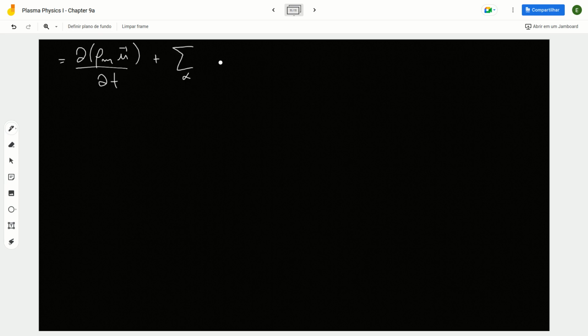So after all that, we end up with this omega plus the divergence of, I have summed in alpha here, I have just this. Now, I can apply the product rule for this divergence. It's divergence of all this, right?